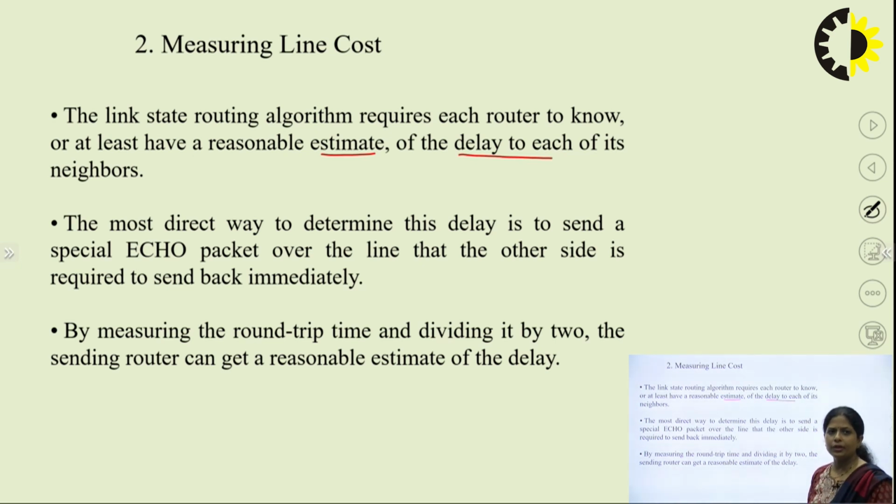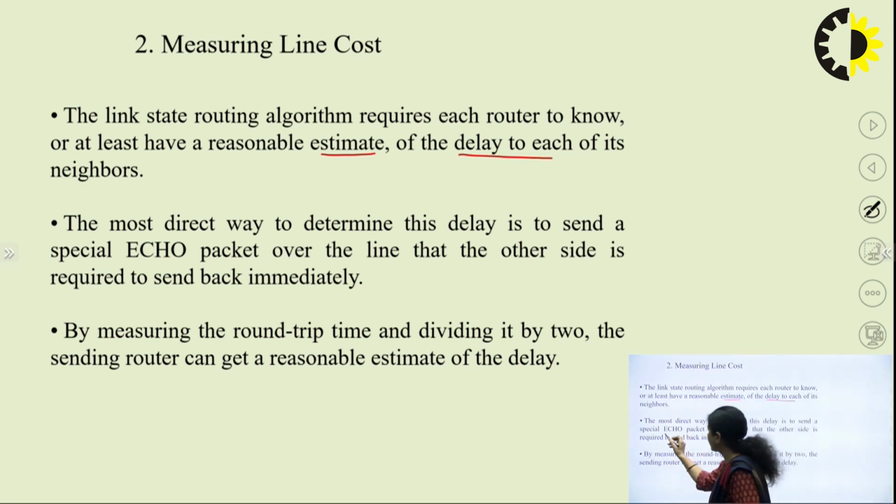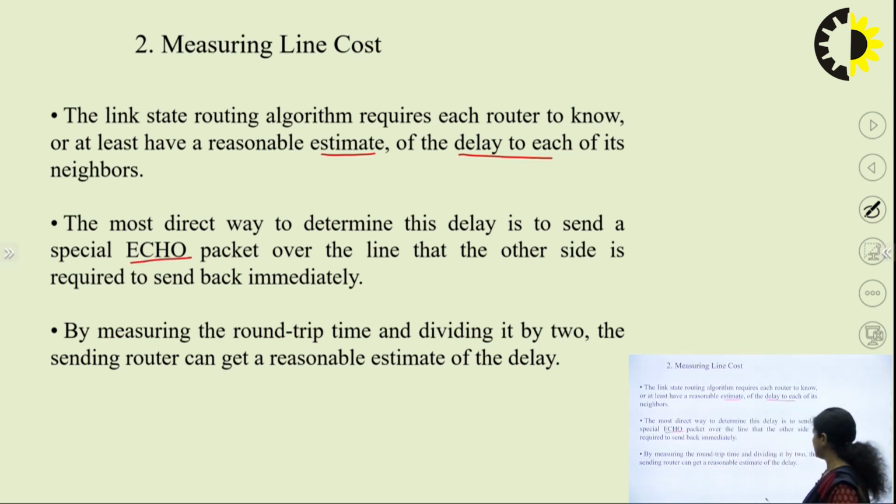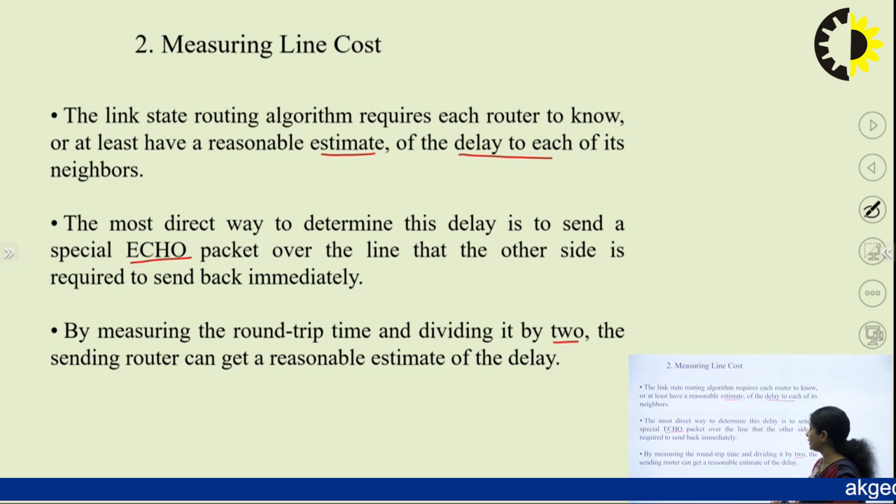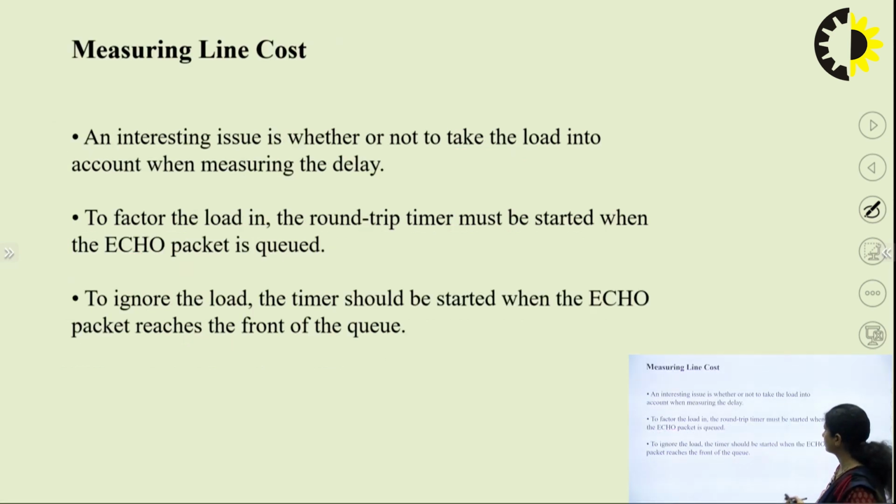The most direct way to determine this delay is to send a special echo packet over the line that the other side is required to send back immediately, right? So now this distance will be measured, right? By measuring the round trip time and dividing it by 2, the sending router can get a reasonable estimate of the delay. That is how it is measuring the line cost.